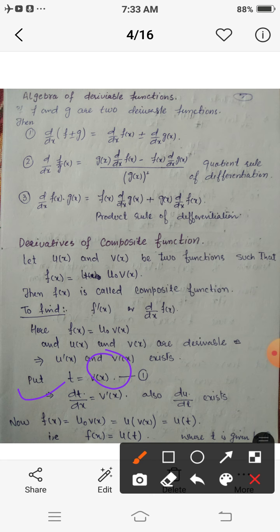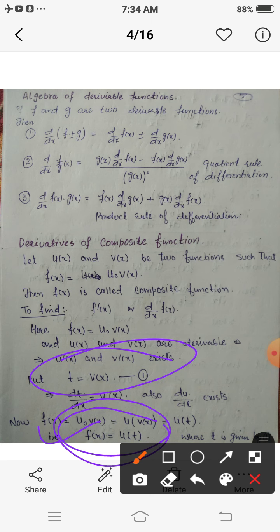Also, u is differentiable, which implies that du by dt also exists. Now the given function f of x is u of v of x, which is simply, since v of x is t, u of t. Which implies that f of x is simply u of t, where t is a new variable given by the first.